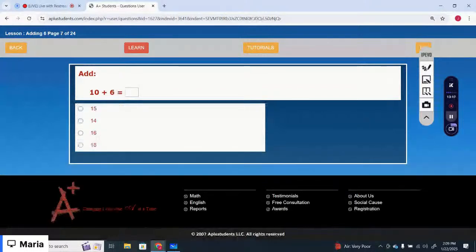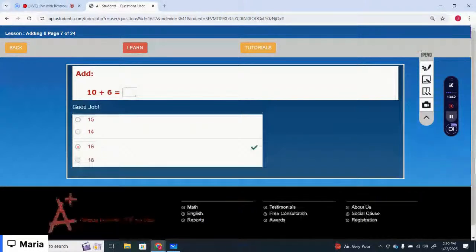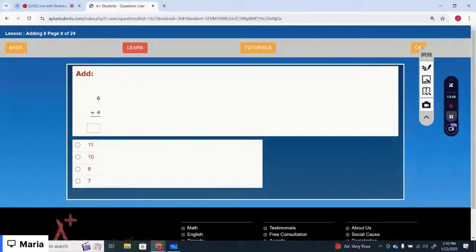10 plus 6 makes 16. The correct option is 16. 6 plus 4 makes 10.